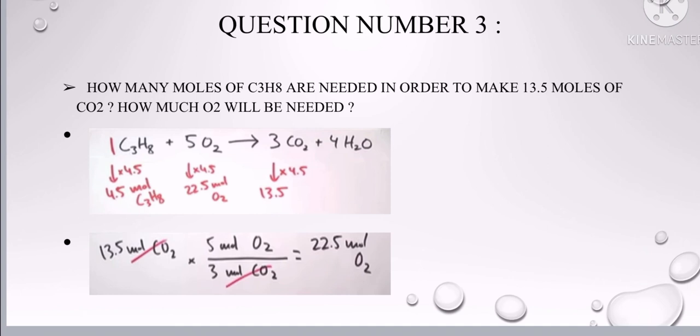So as you can see in the products, there are 3 CO2. So there are 3 moles of carbon dioxide. And we have to convert it into 13.5 moles. So after dividing the 13.5 by 3, we are going to get 4.5. So 3 moles of carbon dioxide multiplied by 4.5 is going to be equivalent to 13.5 moles of carbon dioxide.